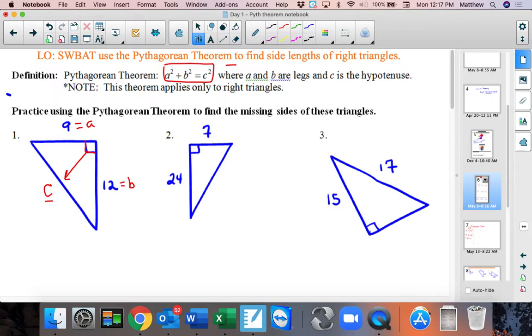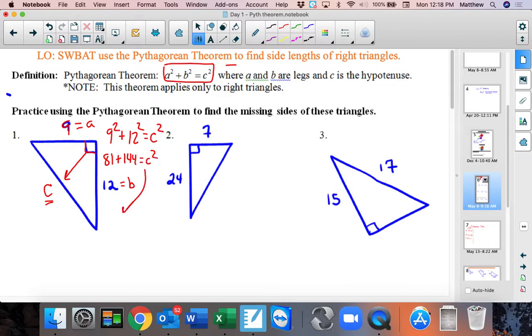Once you have C, A and B, it doesn't matter. I could have labeled the 9 here B and the 12 A, and it won't matter. So I know A squared plus B squared equals C squared, so 9 squared plus 12 squared equals C squared. 9 squared is 81 plus 144 equals C squared.